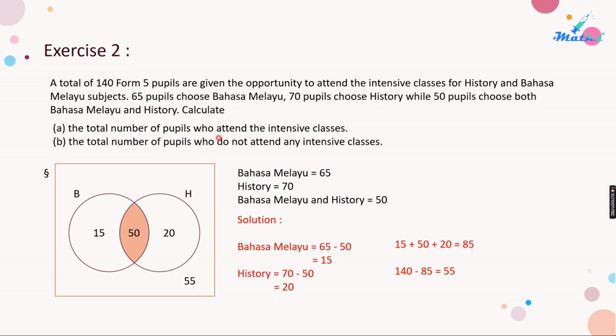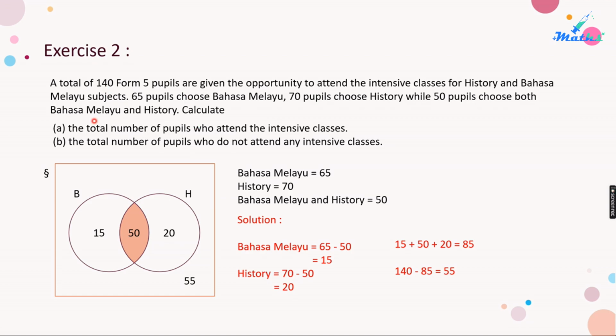The total number of pupils who attend the intensive classes: we need to add these three elements. So it's 15 plus 50 plus 20, which is equal to 85. So 85 people attend the intensive classes.